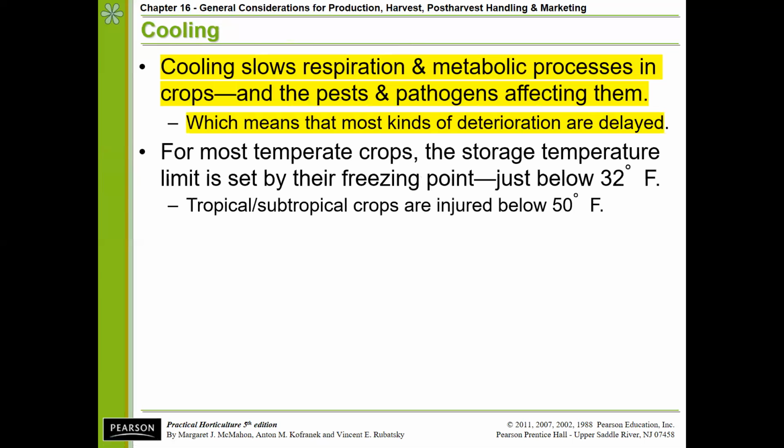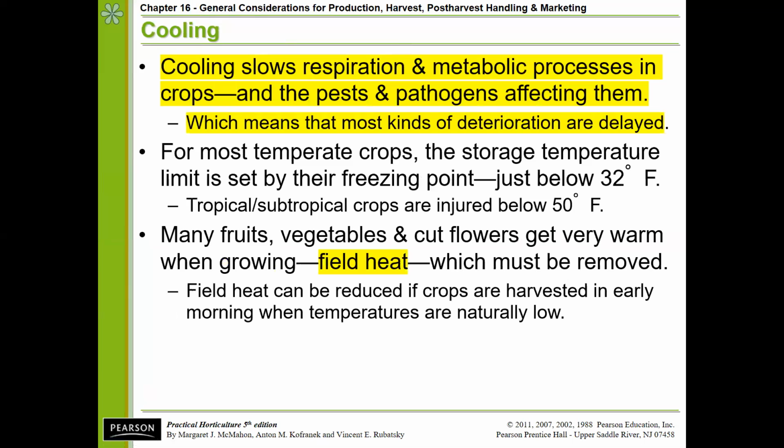In some cases, we're looking at the freezing point, especially for temperate crops, and we will actually store them right around 32 degrees or just below that. However, a lot of tropical crops can be injured below 50 degrees. So it depends on the crop, where it's coming from.